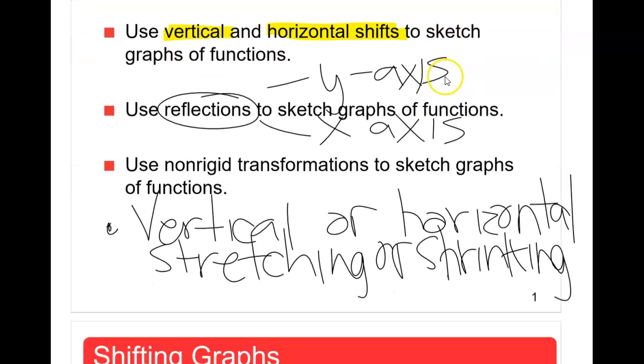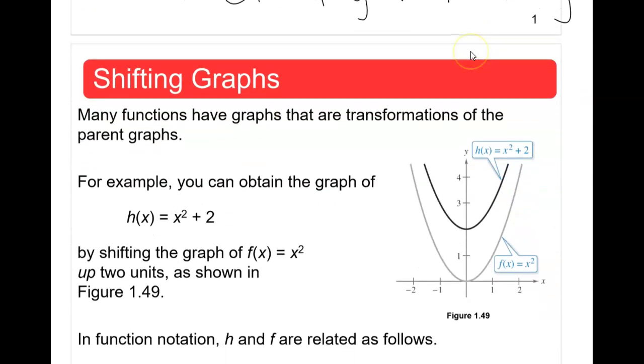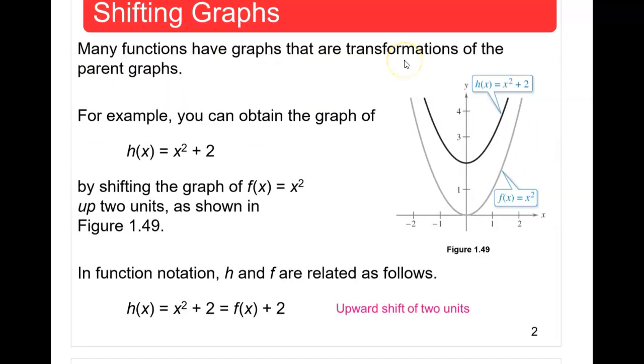Okay, so next slide. The first one we will address is the shifting of graphs, and the graphs can be shifted upward, like the example that you see here. The parent function, remember in our previous section we went over the parent function, is f of x equals x squared.